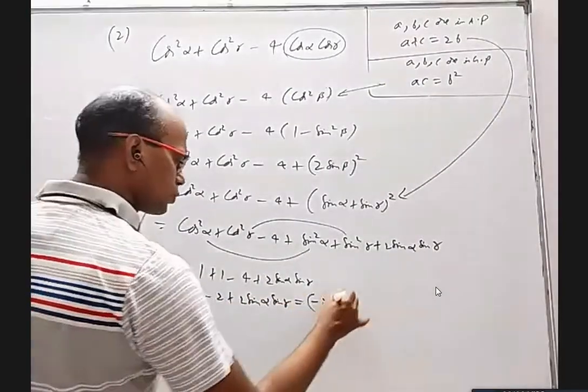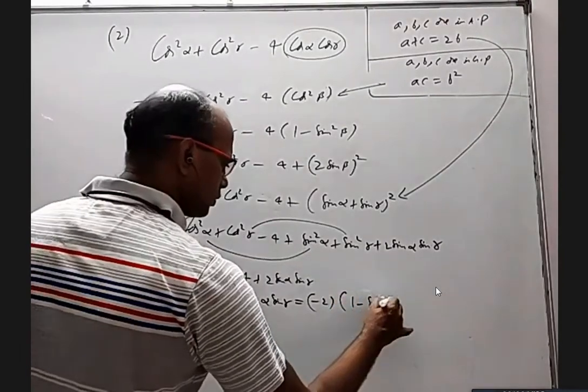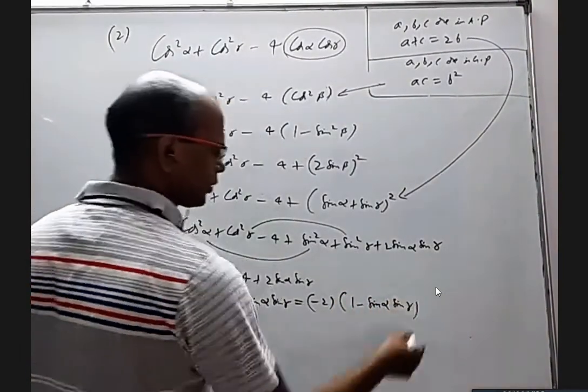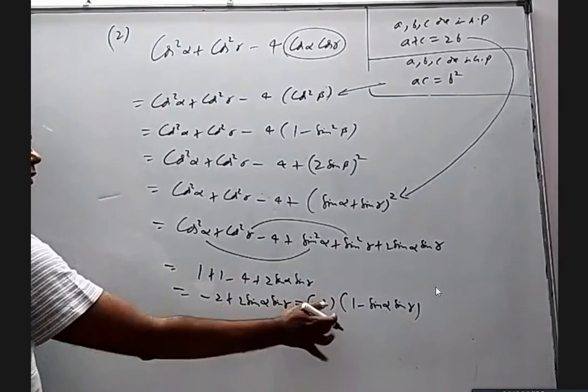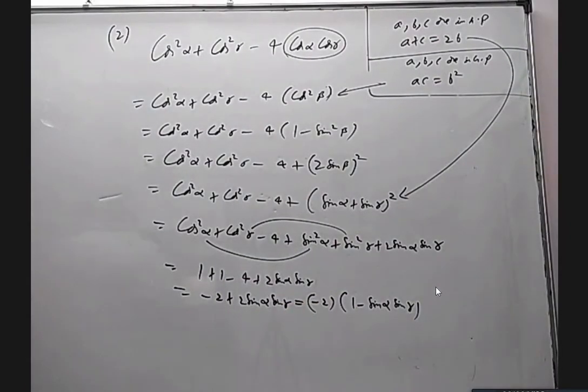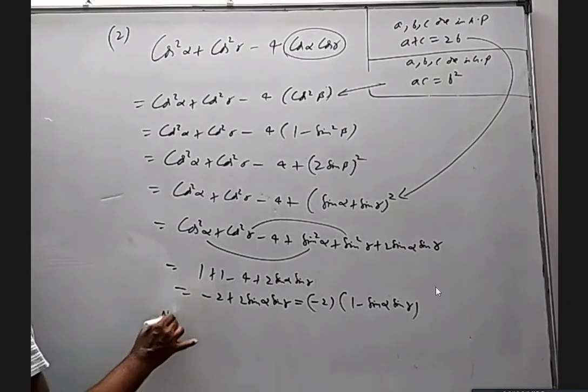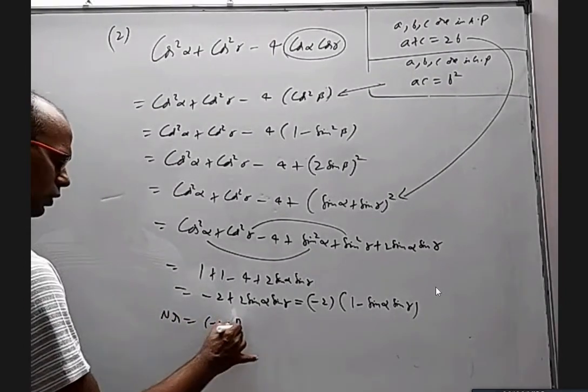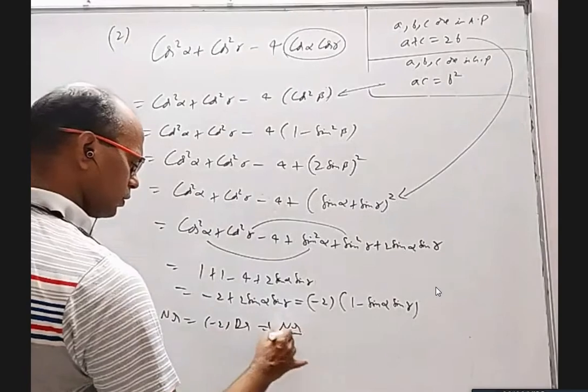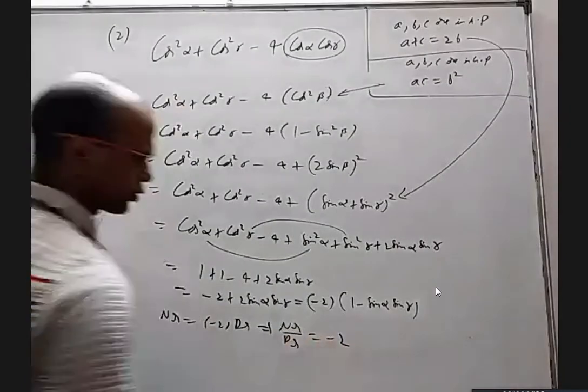If I take minus 2 common, I will get 1 minus sin alpha sin gamma. Denominator is exactly that. So I will be left with minus 2. So numerator is minus 2 times denominator. So numerator by denominator is minus 2.